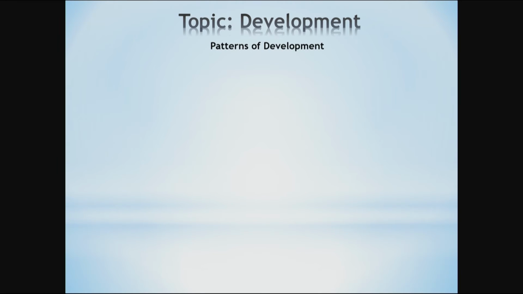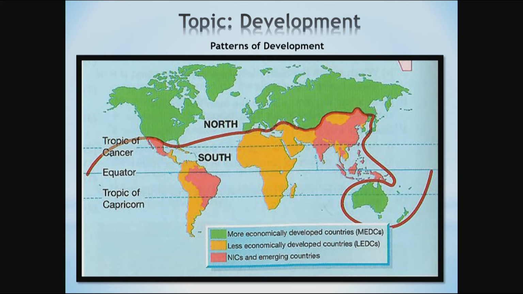Now, last lesson we saw that the world is divided into two groups in regards to economic development. We saw that the more economically developed countries, the MEDCs, are richer and more industrialized, and countries falling in that category, as we saw last lesson, are the developed North, and they are mostly found in the northern hemisphere.